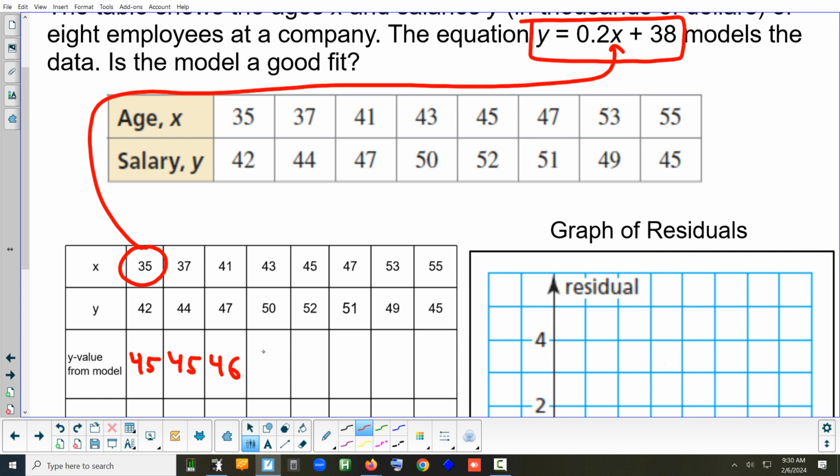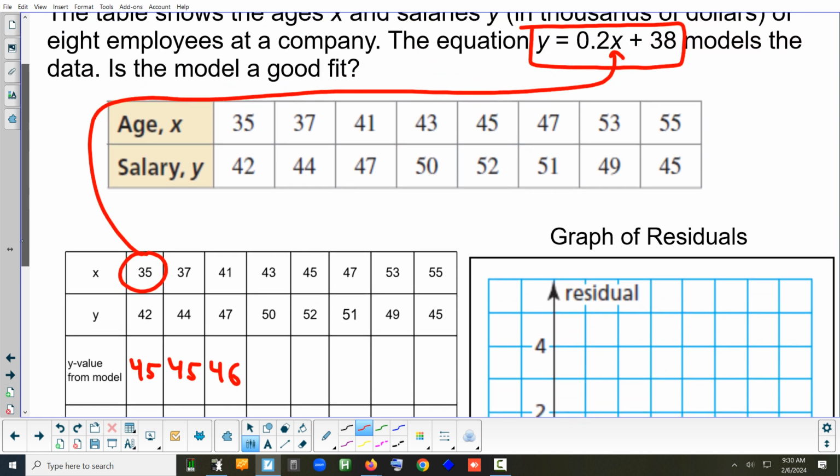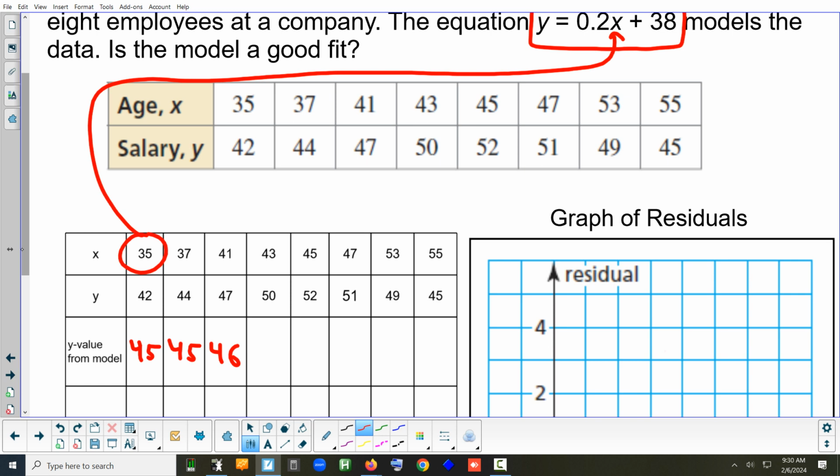What's the next x value that they want you to fill in? 43. Did anybody get an answer? What was the y value from the model you got for that one? 46. You also got 46. The next y value is 45. That came out to 47.